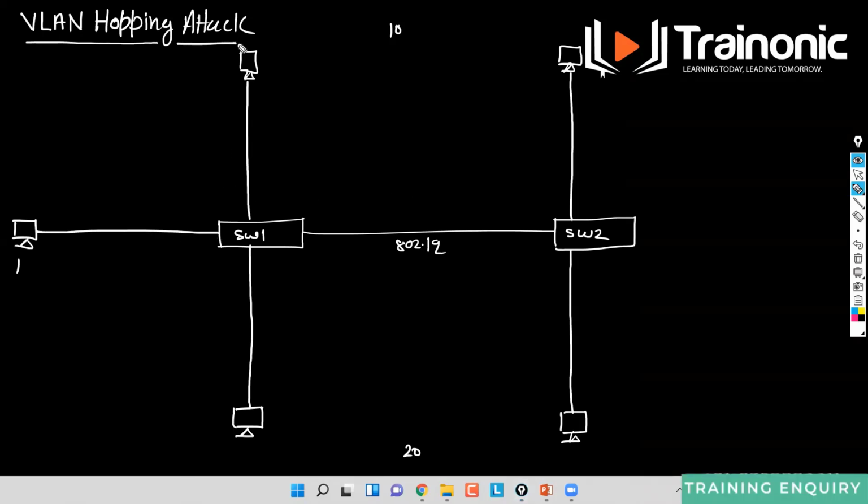When we are talking about VLAN hopping attack, before this we should remember some points.